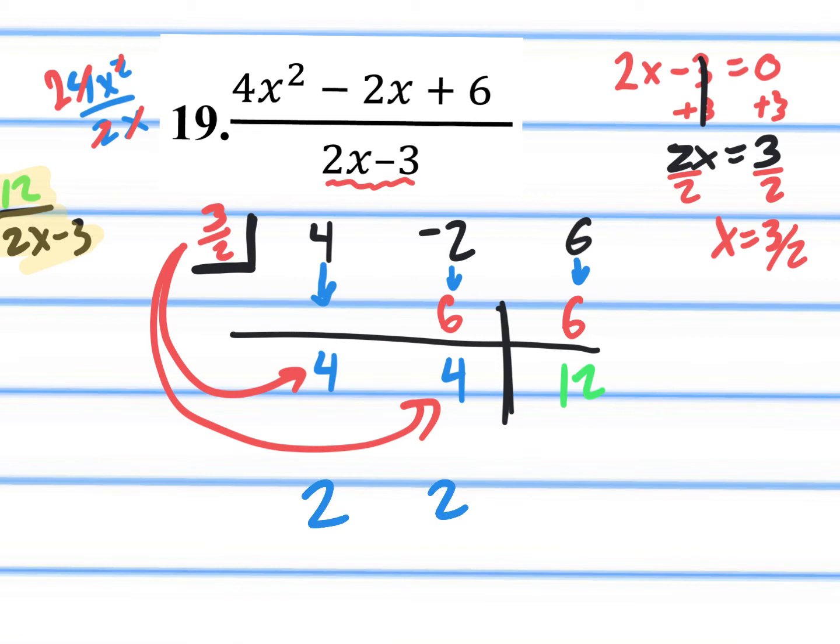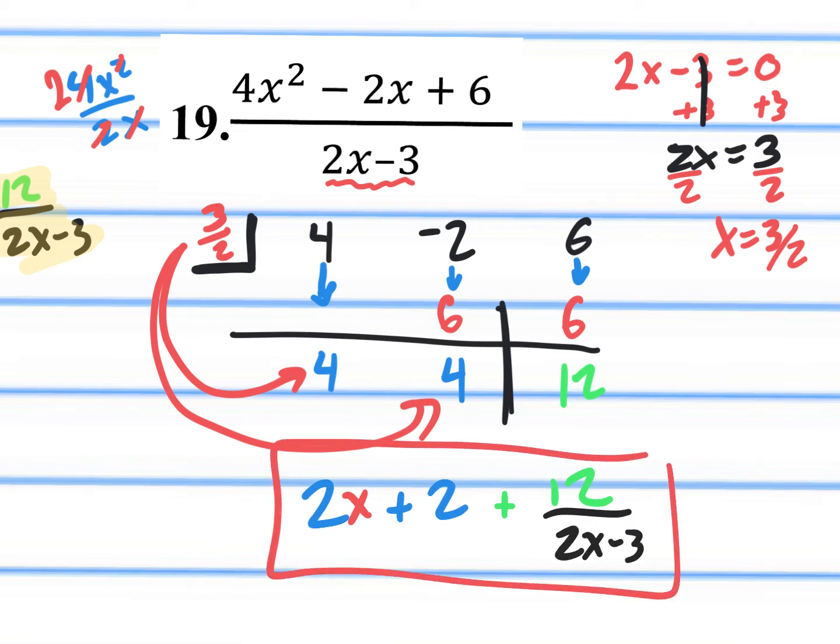The remainder you don't mess with. The remainder stays the same, okay? But now you could write it as 2x to the 1, or just 2x. And then your constant is plus 2. And then your remainder is 12. So that's a positive 12 over the original divisor, 2x minus 3.